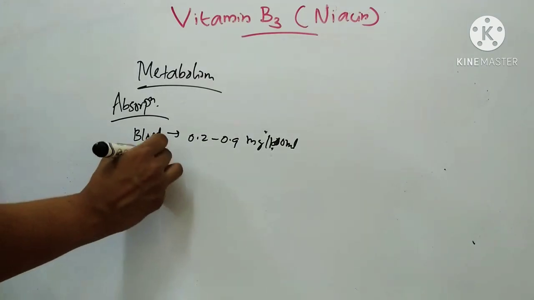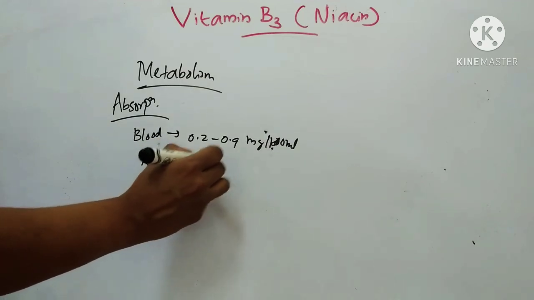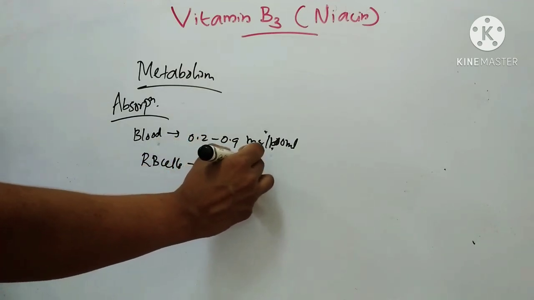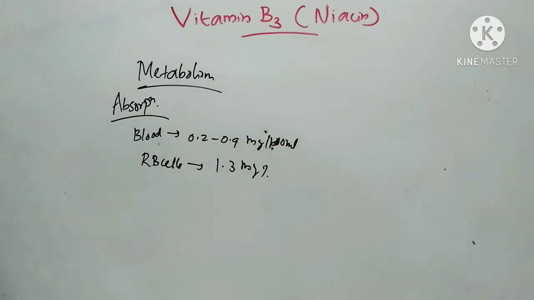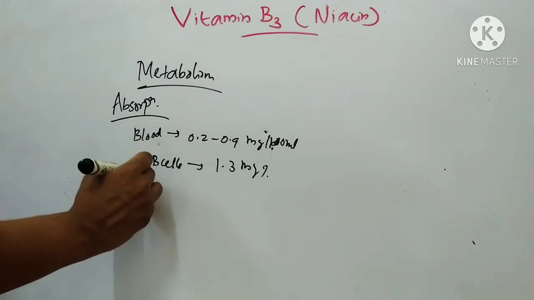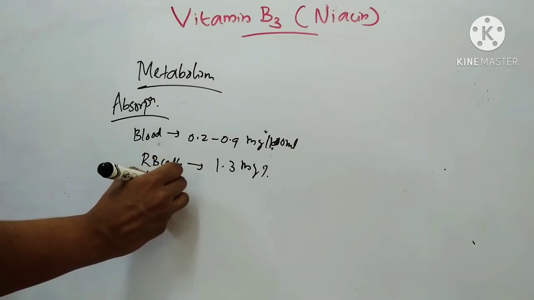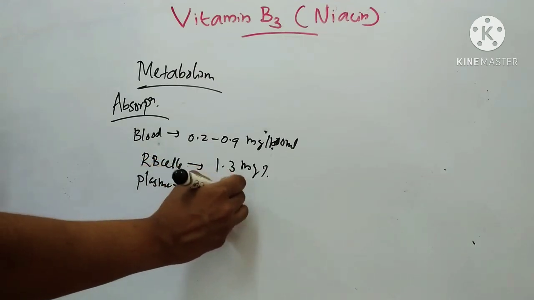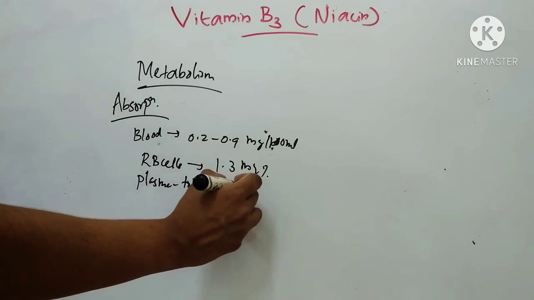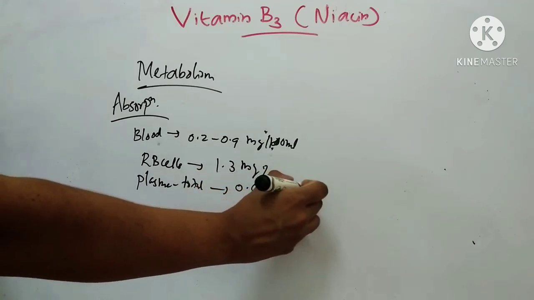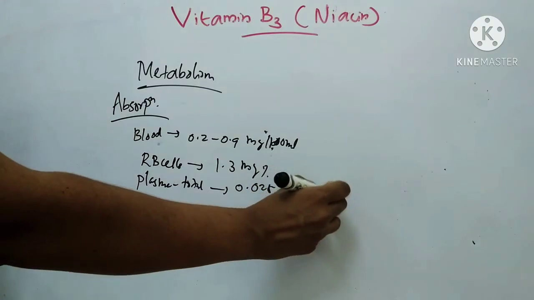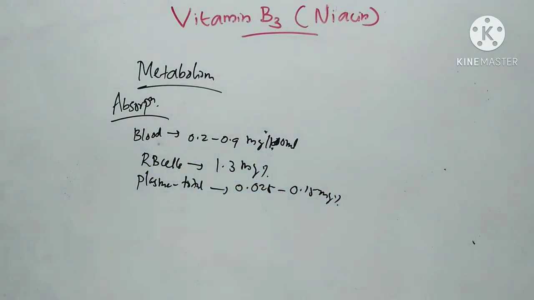Then in RBC cells, it is about 1.3 mg percentage. Then in total plasma activity, it is about 0.025 to 0.15 mg percentage. The average is 0.075 mg percentage.